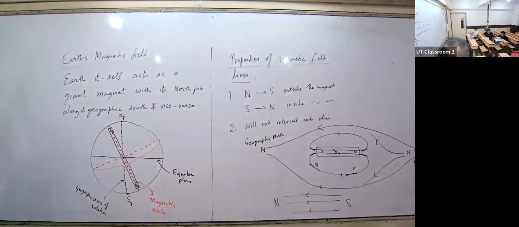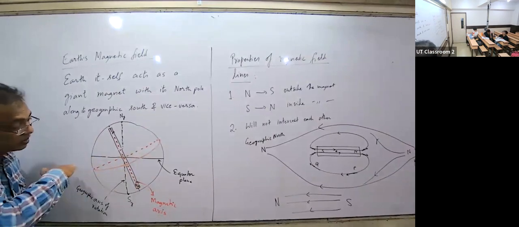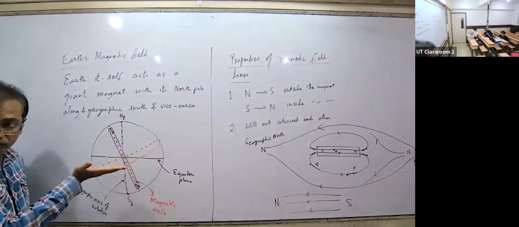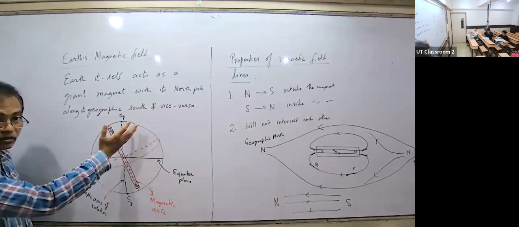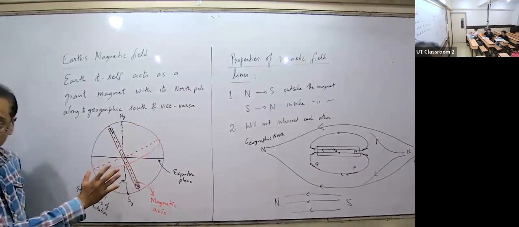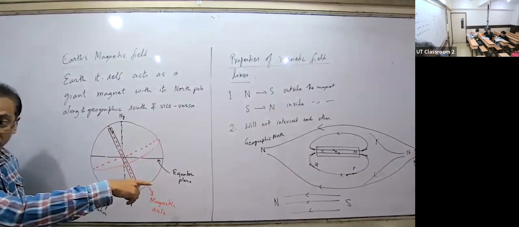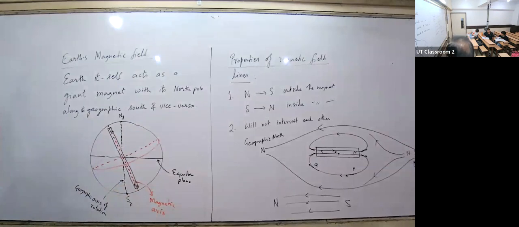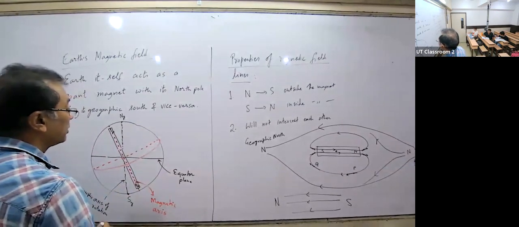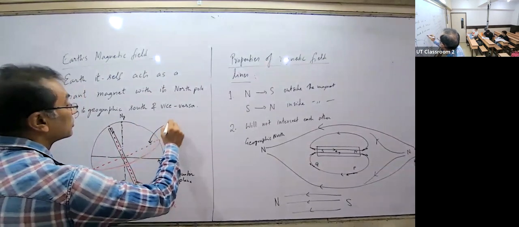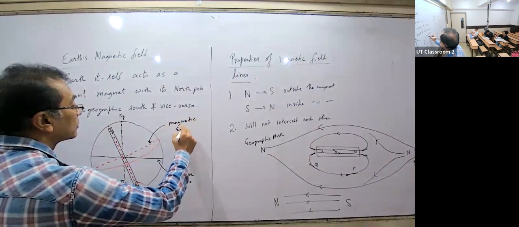Why are we saying plane? Because the circumference is a circle, but if you cut Earth in two pieces, so this equator plane will divide the Earth in northern hemisphere and southern hemisphere. Okay, that's why that is a plane. Is it clear? Okay. So what is this? This is magnetic equator. This is nomenclature. Magnetic equator.